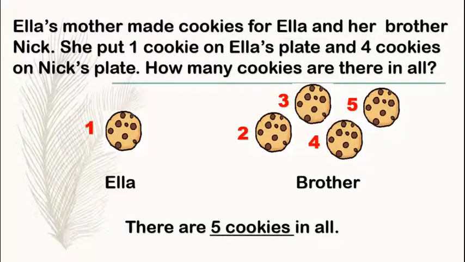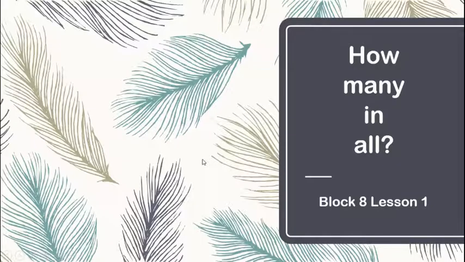So what did you do? Okay, very good. We counted, starting from 1 until the end of the cookies that we have. So for this discussion, we will learn about how many in all.